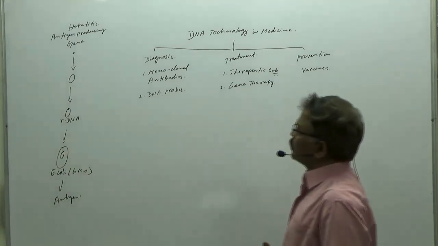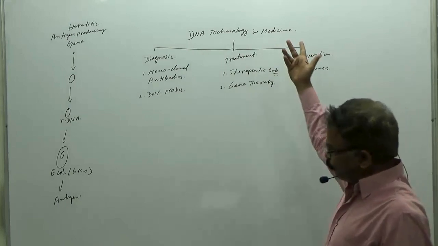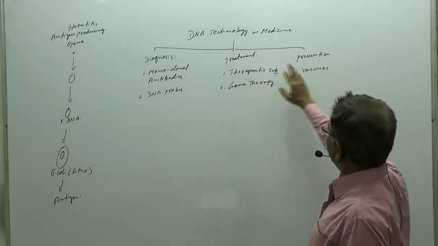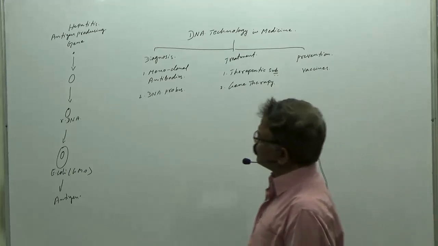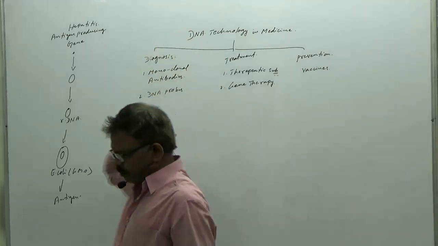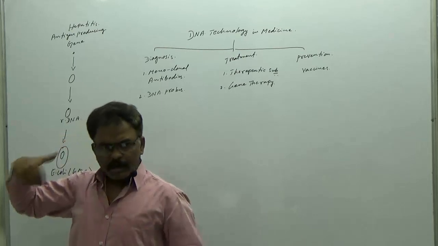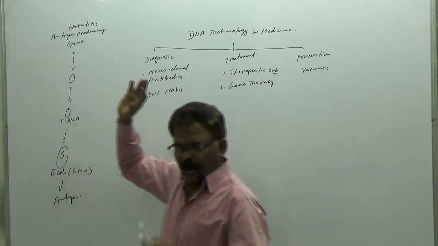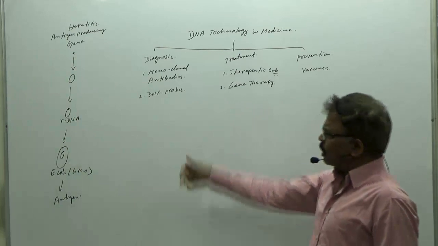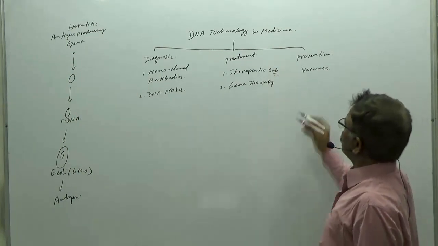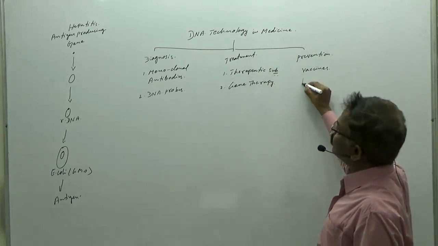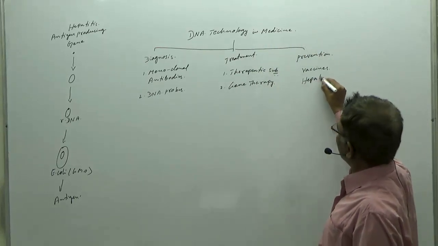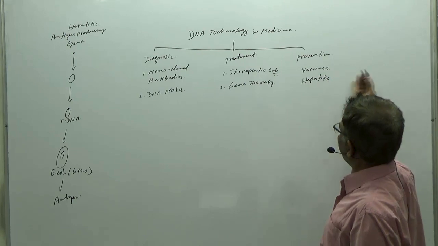Extracting these antigens and mixing with some fluids, supplying it to the market, that itself is known as a vaccine. Such vaccines are known as second generation vaccines, or toxoids, or unit vaccines. The only DNA based vaccine is the hepatitis vaccine.